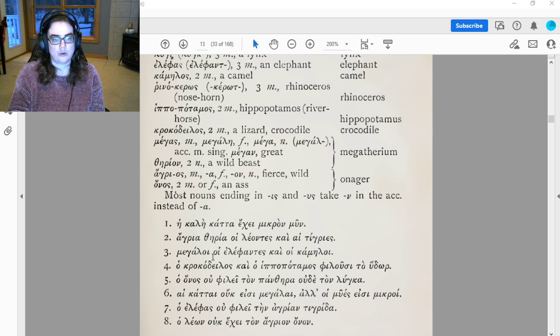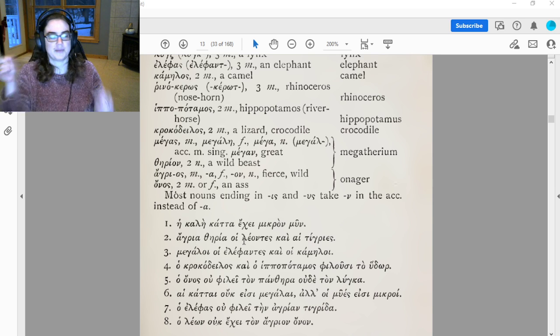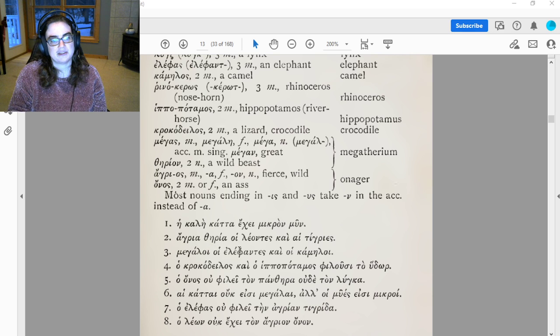Okay. Megaloi ho elefantes kai hai cameloi. Yeah, but I mean like Alice Little and the Little and Scott Dictionary, which is still the standard for Greek dictionaries. Yeah. Okay. It's just so fun. Megaloi hai elefantes kai hoi cameloi.